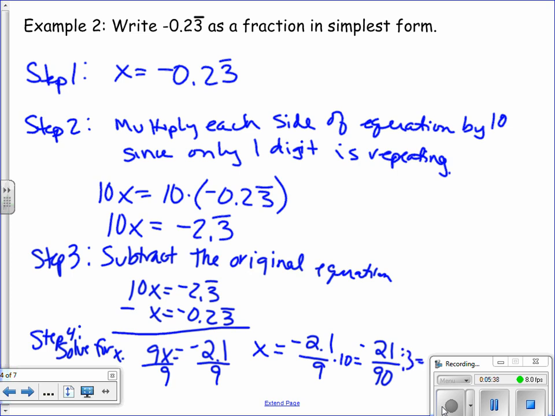So we divide each by 3, and then that equals negative 7/30. So there can be a lot of simplifying in step 4 as well, right? Because we can't have a decimal in a fraction. If that happens, then we just multiply each one by 10, so we can eliminate that decimal.